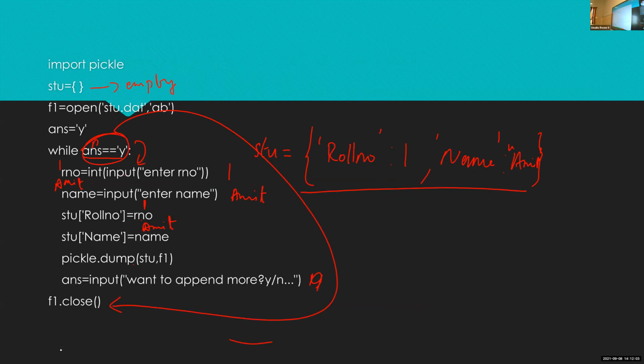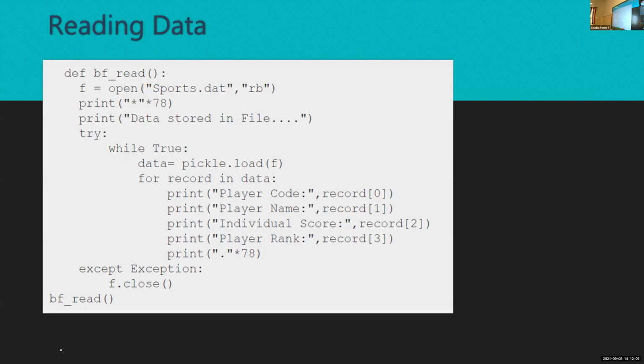Reading data. So in a binary file, we access the data through the keyboard in human readable form. After that, we pickle that content, that is, we convert that content into binary format.